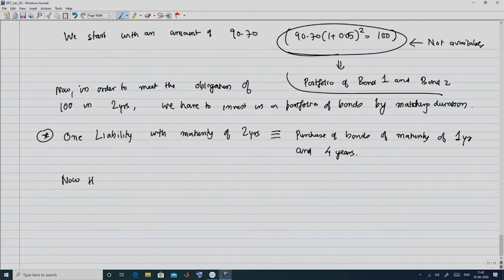Now, the liability after 2 years has duration of 2.